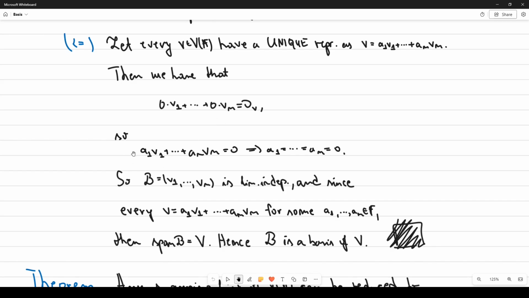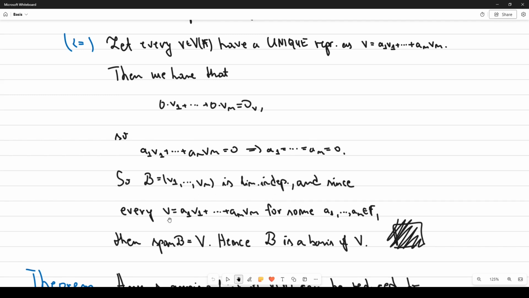So if I set some arbitrary linear combination equal to 0, I conclude that the scalars have to be 0. So we've shown that the vectors are linearly independent.